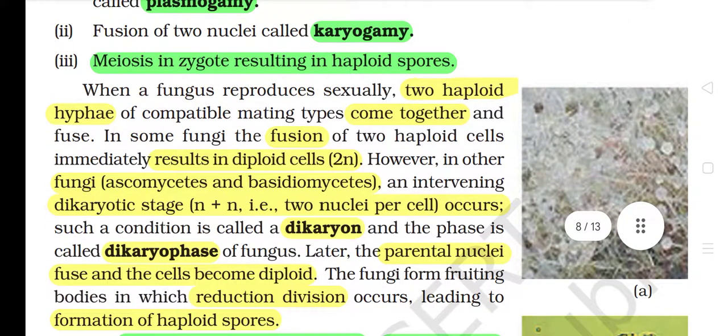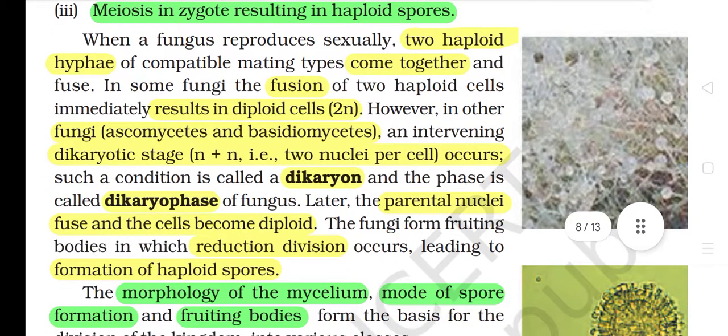When a fungus reproduces sexually, two haploid hyphae of compatible mating types come together and fuse. In some fungi, the fusion of two haploid cells immediately results in diploid cells, 2N. However, in other fungi, Ascomycetes and Basidiomycetes, an intervening dikaryotic stage, N plus N, that is 2 nuclei per cell, occurs.